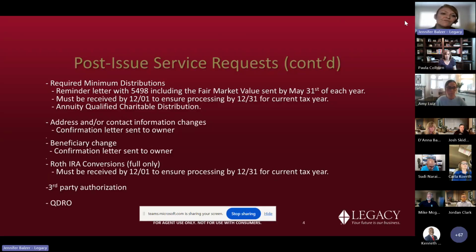Just like I mentioned with respect to withdrawals, required minimum distribution requests also need to be in-house at Ameritas by 12/1 to ensure processing by 12/31 for the current tax year. And then Ameritas does also allow for those required minimum distributions to go to a charitable organization. There is an annuity qualified charitable distribution form that manages these types of requests.